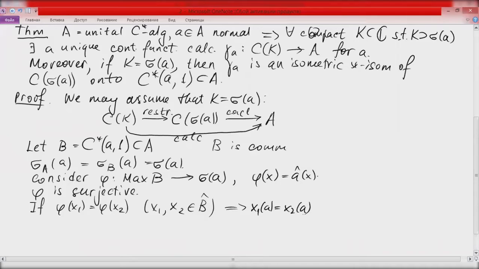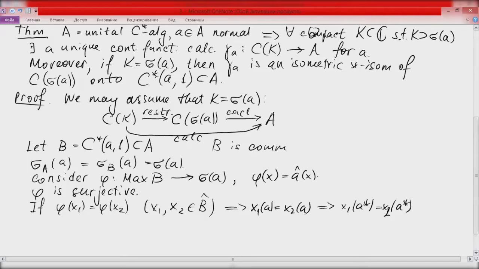Well, but we know that all characters over a C-star algebra are star characters. And since x1 and x2 are star characters, this implies that they are the same on a star. Okay.